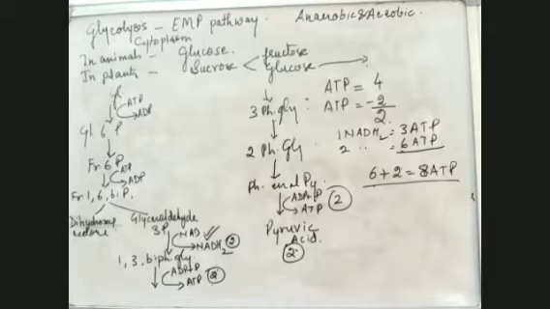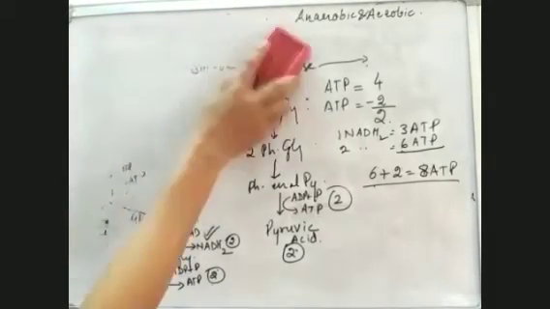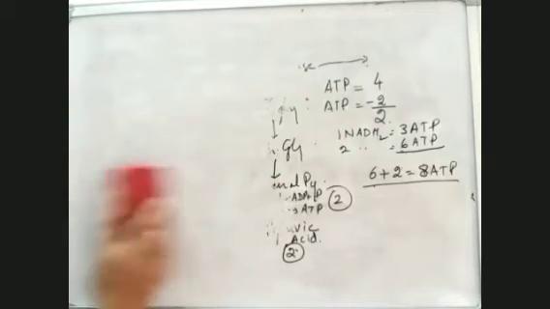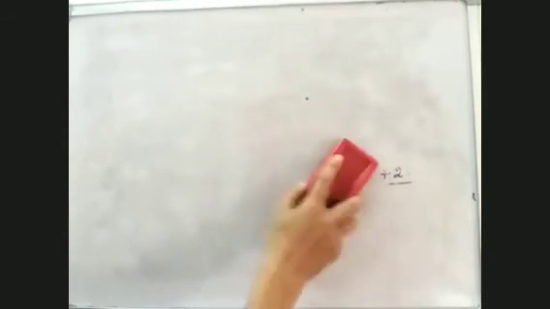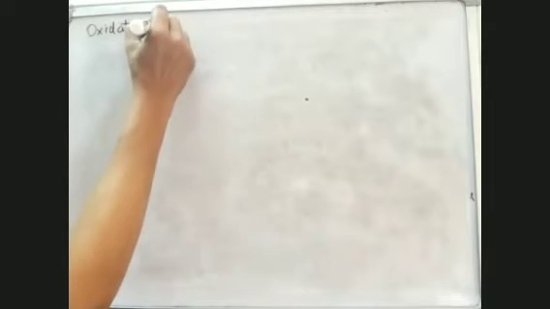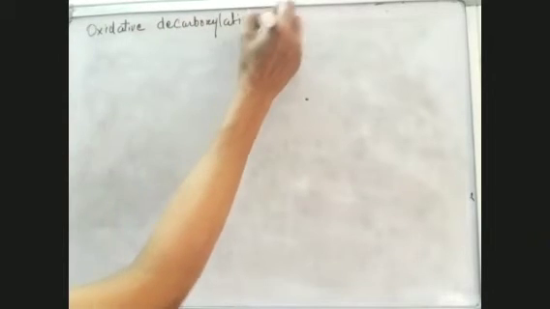So this was glycolysis. Then after glycolysis, the pyruvic acid molecules enter the process of oxidative decarboxylation, also known as the gateway step.